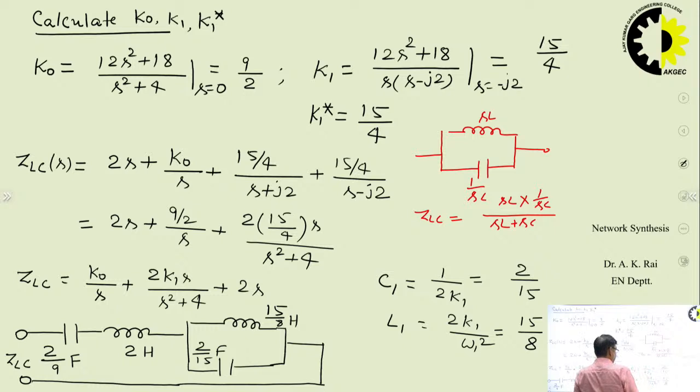So it is coming 1 by Cs. So this s is cancelled out. So it is coming. You can check it. Just I am writing the direct expression for this ZLC.